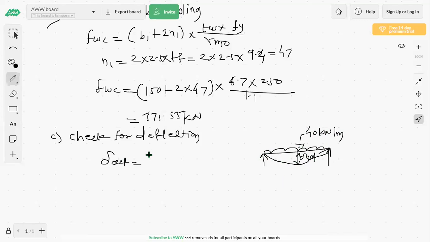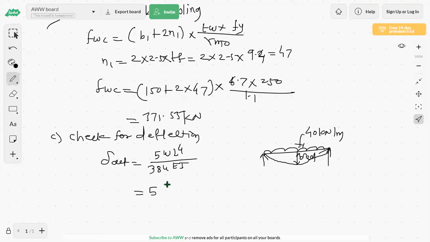So for delta actual for UDL, what is the formula? 5WL raised to 4 divided by 384 EI.